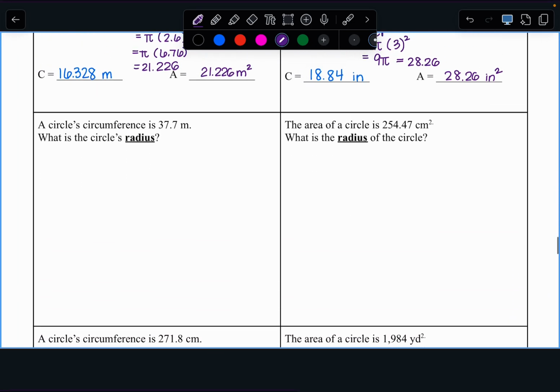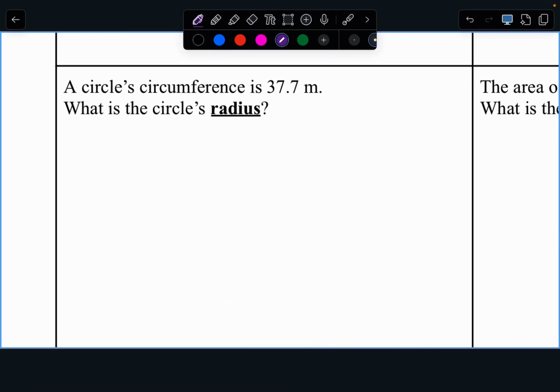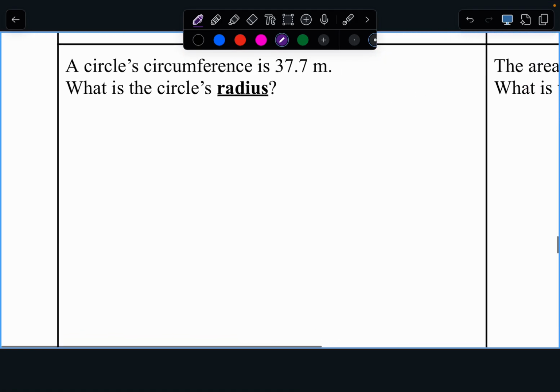What if it gives us some key information and it asks us to work backwards? It gives us the circumference and it's asking us for the radius.